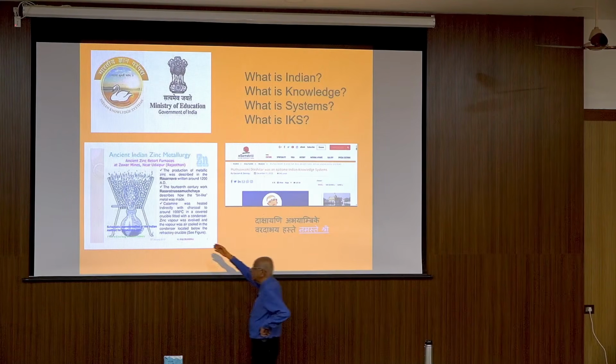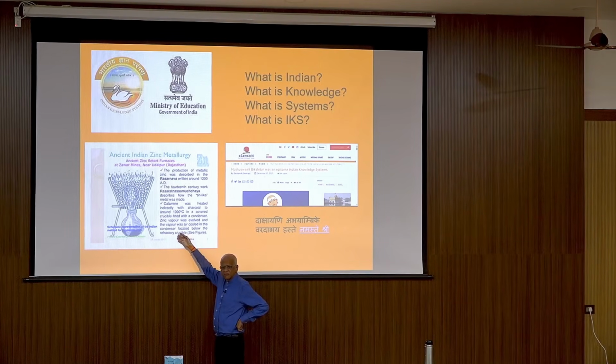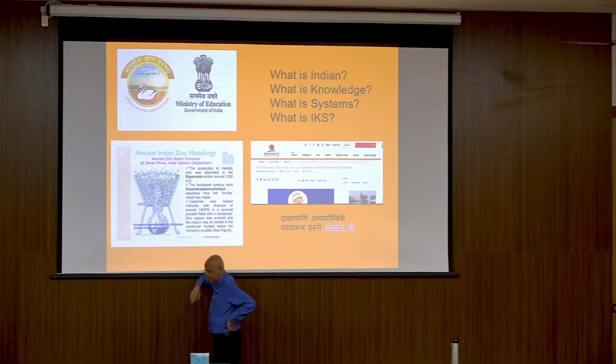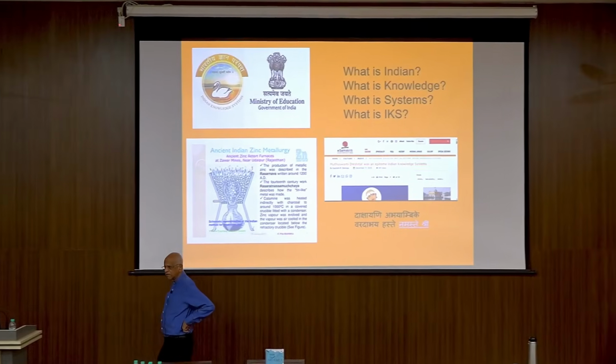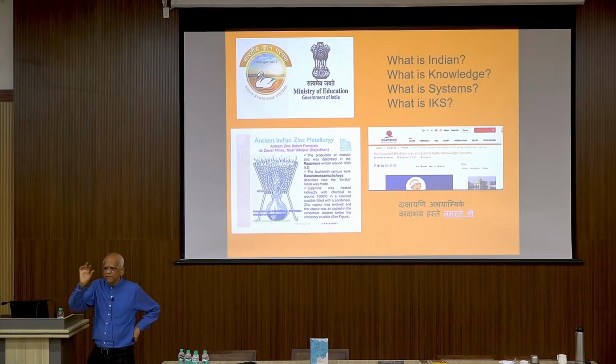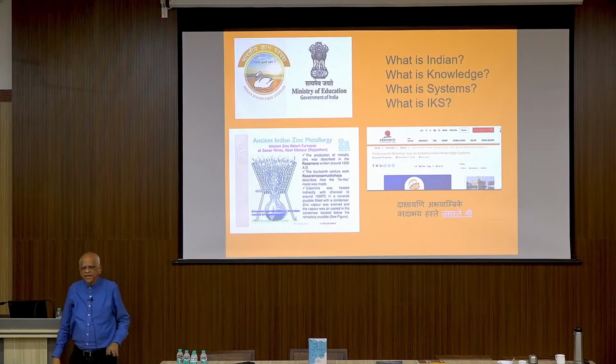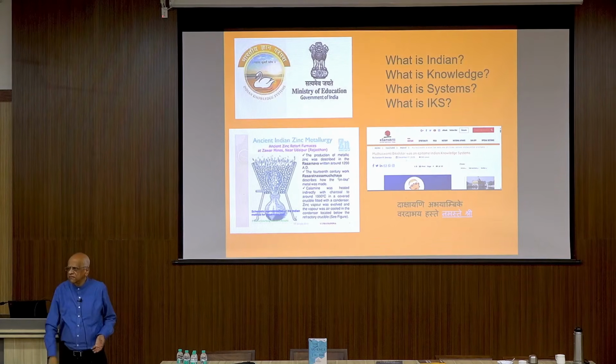I'm not talking bunkum. In India, we knew that zinc was a metal 300-400 years before anybody in Europe knew it was a metal. Zinc is very unusual because the difference between the melting point and the boiling point is so small that when you try to smelt it like other metals, the zinc vapor simply gets oxidized and goes back to zinc oxide.